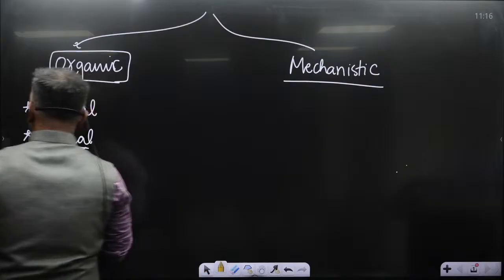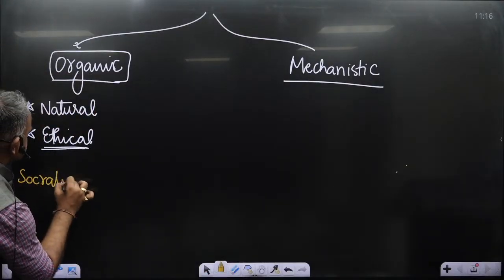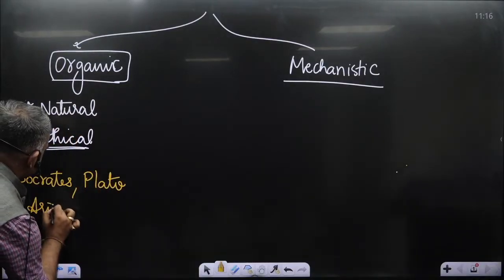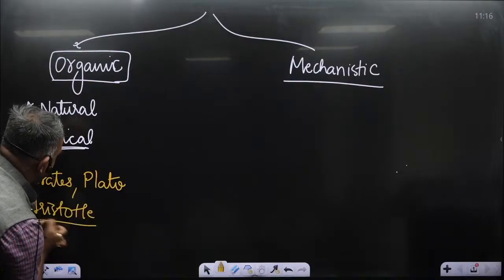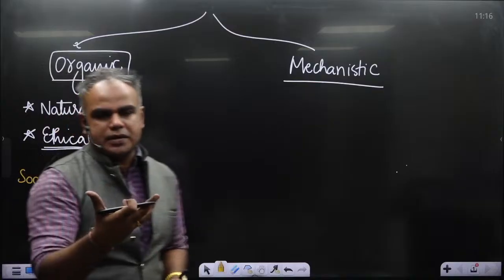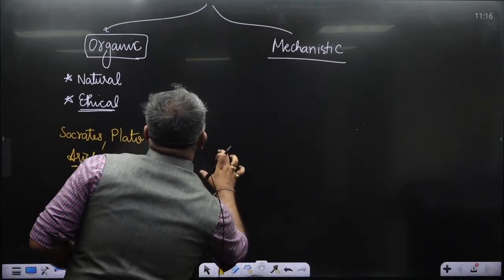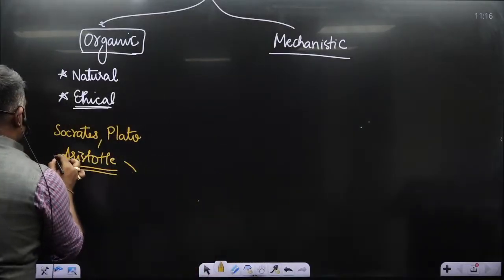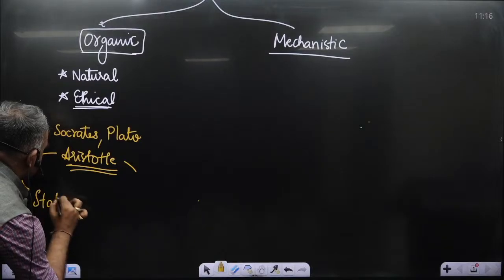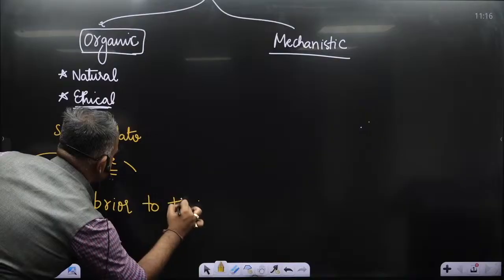Very prominent people. For example, even if you see the works of Socrates, Plato, even Aristotle, all of them spoke about how state is an organic entity, okay. If I even quote Aristotle, there is a quote known as state is prior to the individual.